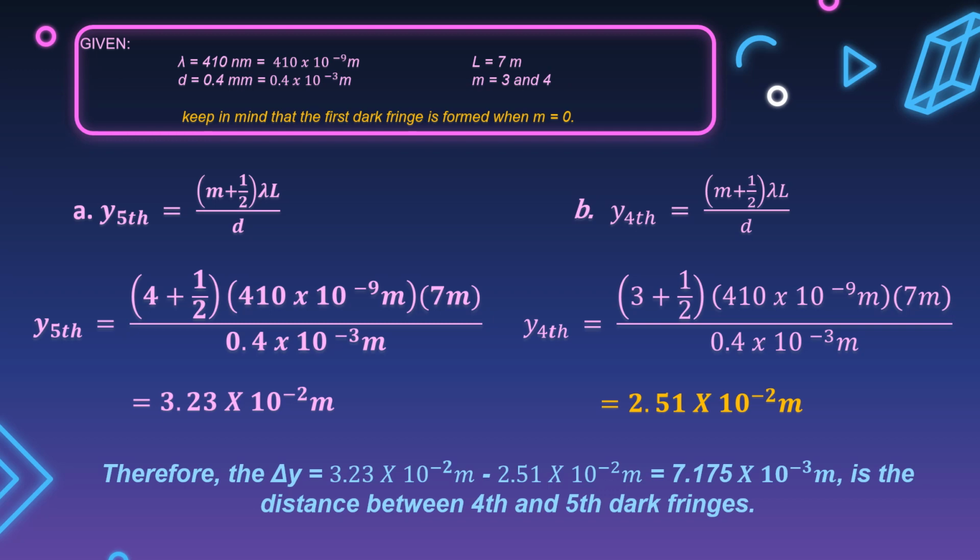So y fifth is 3.23 times 10 raised to negative 2 meters minus 2.51 times 10 raised to negative 2 meters, which is equal to 7.175 times 10 raised to negative 3 meters, the distance between the fourth and fifth dark fringes.